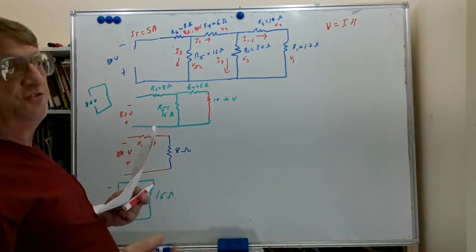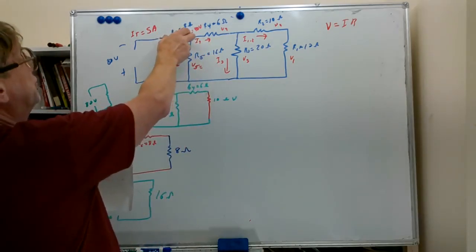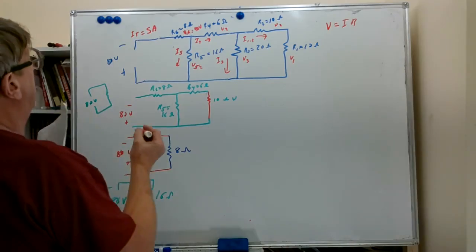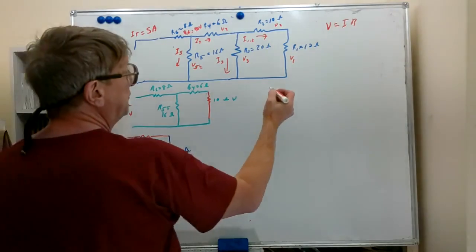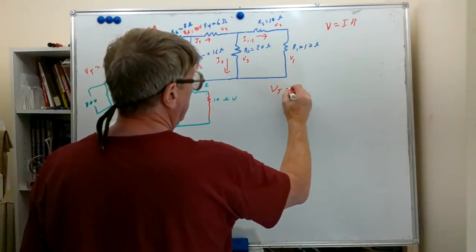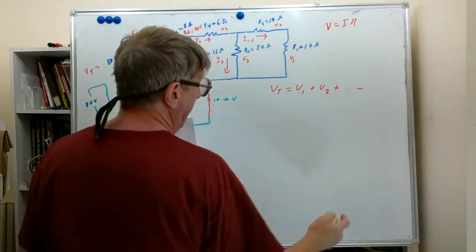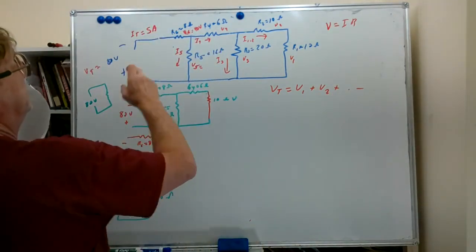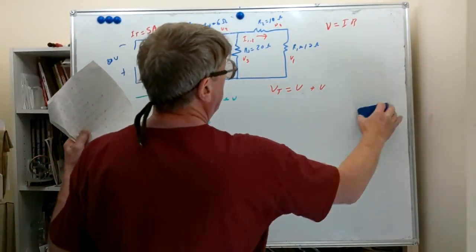So this is our series voltage. The voltage here plus the voltage here, so voltage 5 plus voltage 6 will equal our applied voltage, which we could call VT. We didn't label it that way, but we'll put the formula up here. VT equals V1 plus V2 plus whatever we have. In this case we have V6, V5, so we're going to change the labels that way.